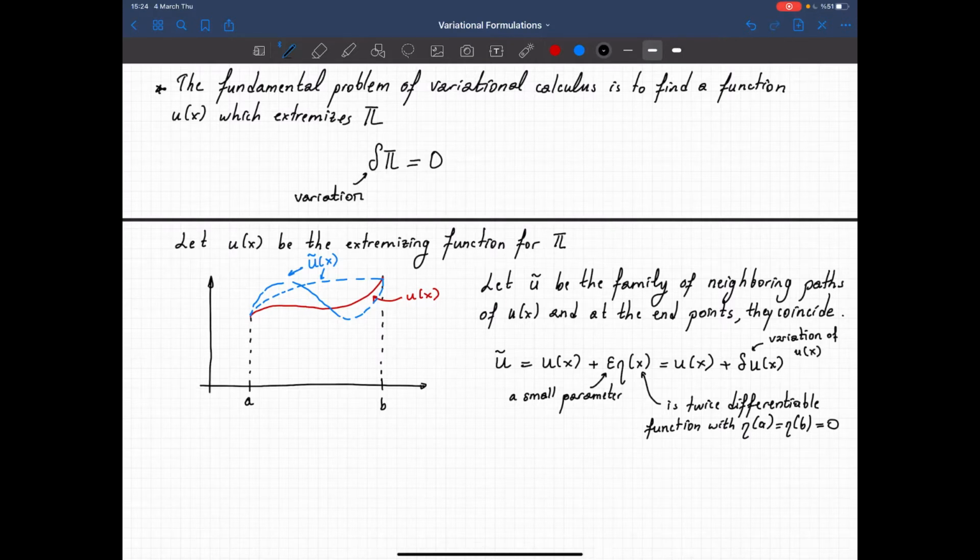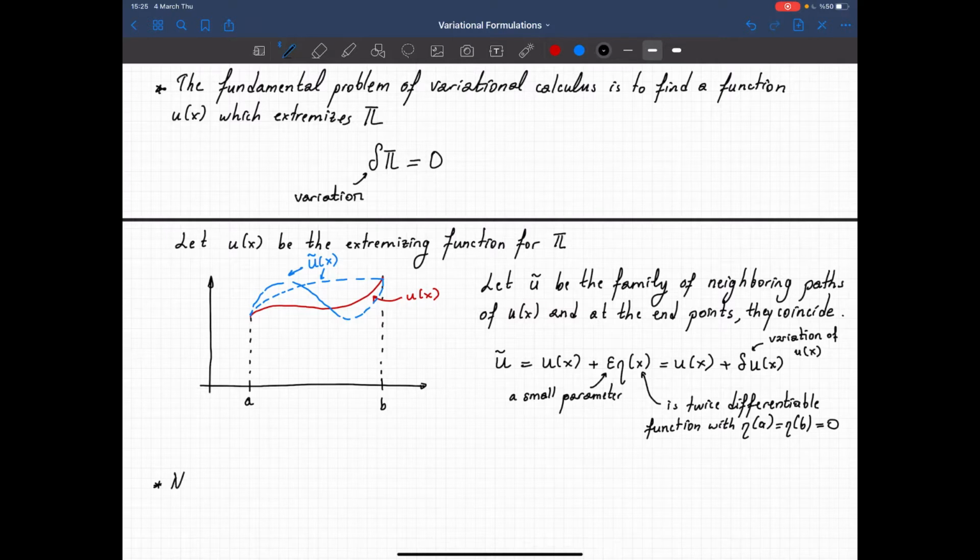Now, before moving forward, I want to make a clarification or a definition. Variation and differentiation have two different meanings. Clearly different meanings. They are not the same thing. So let's put it as a note.